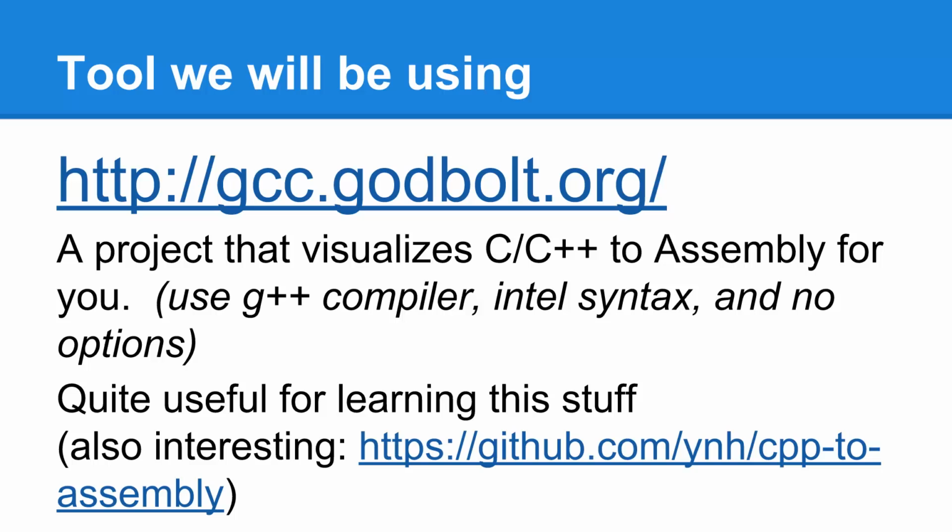It allows you to colorize and correlate each line of C source to the corresponding lines of assembly, which is extremely useful for learning all this stuff. And it allows you to see, if you're interested, the differences between the compilers, notably Clang and GCC.